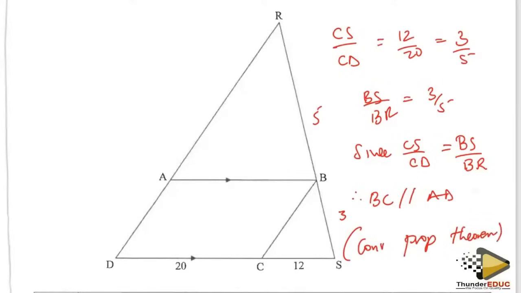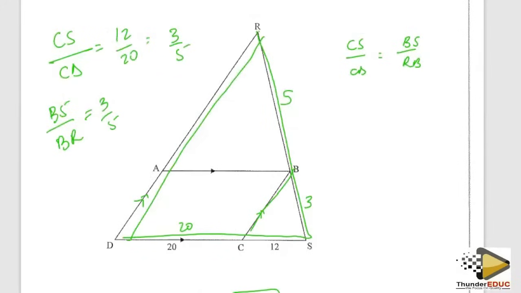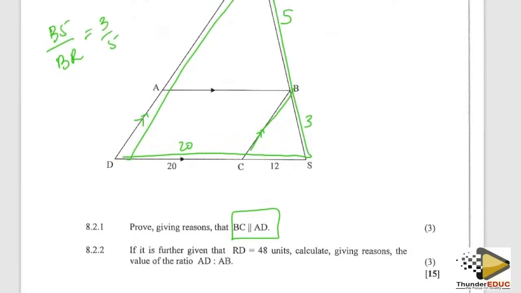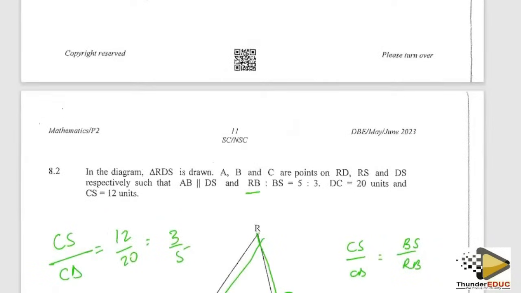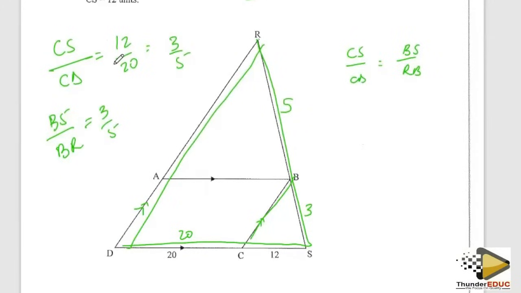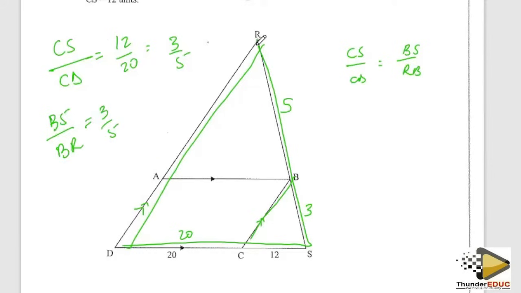Okay, so that is our first question, 8.2.1. Then 8.2.2, if it's further given that RD, the distance from here up to there, is 48 units.